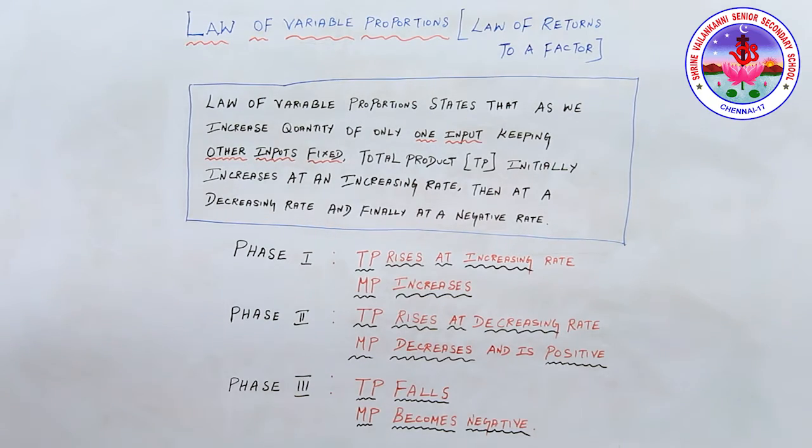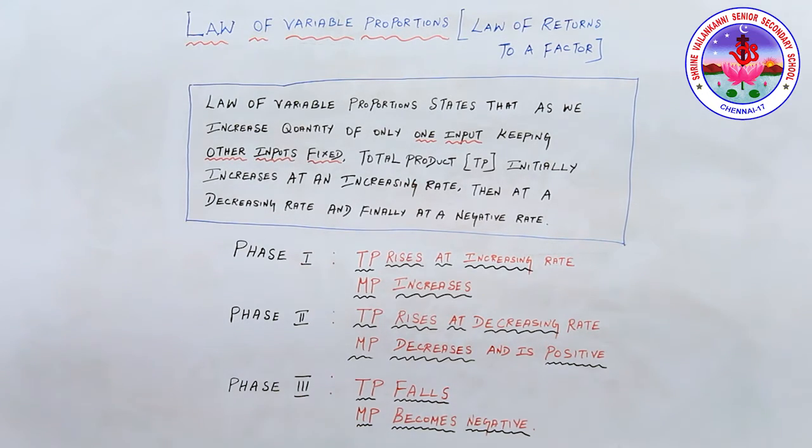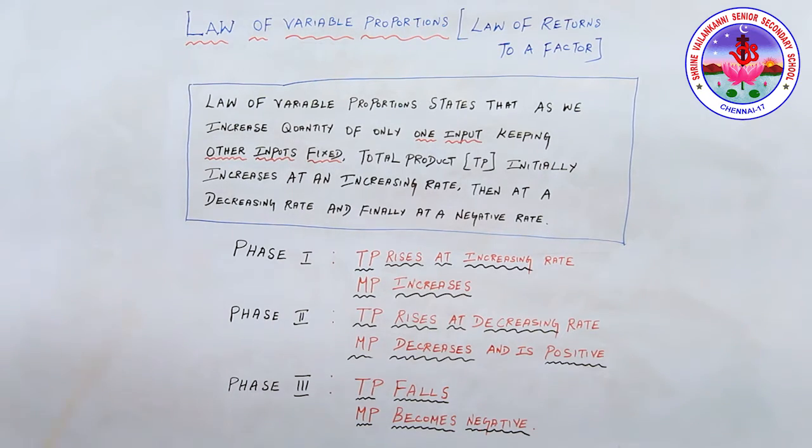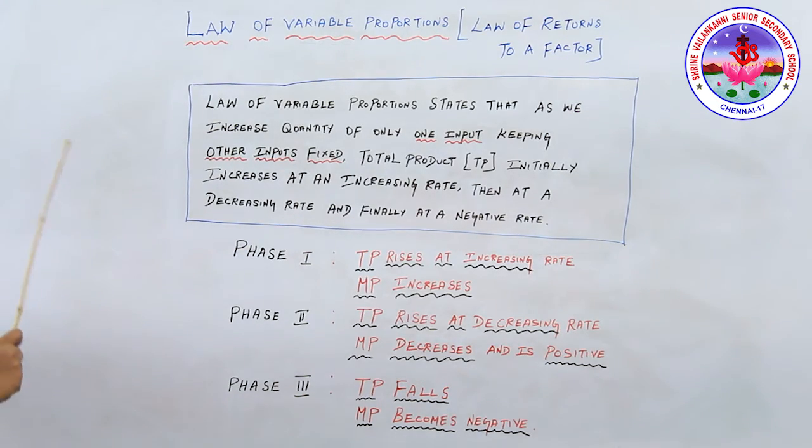Now suppose a farmer has 1 acre of land. I think everyone knows land is a fixed factor, on which he wants to increase the production of wheat. So what is he planning to do? For the production of wheat, he wants to do it with the help of labor.